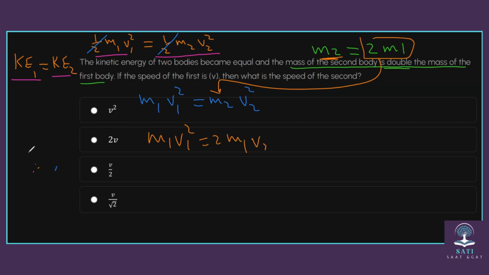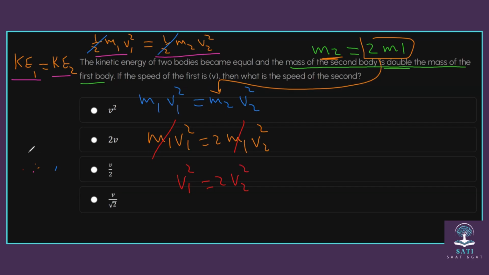2 m1 v2 squared. Now, as we see, if I divide both sides by m1, m1 will cancel with m1. What is left now is v1 squared equals 2 v2 squared. Now I continue reading.